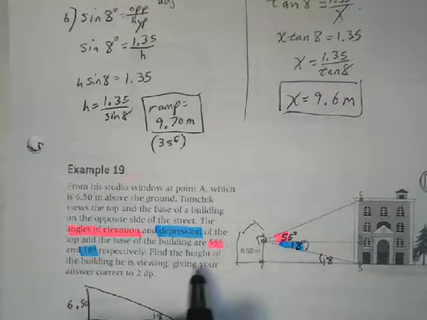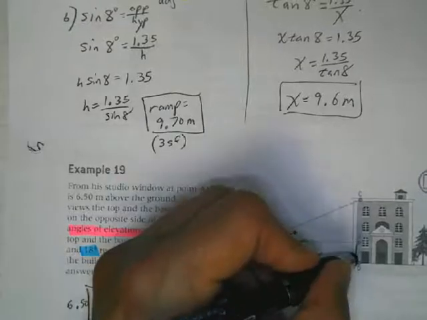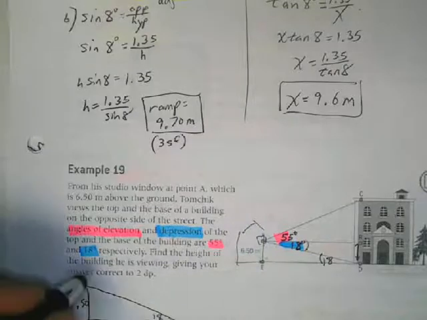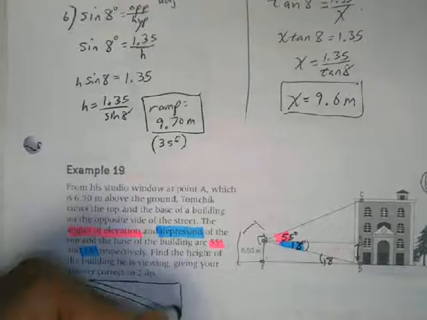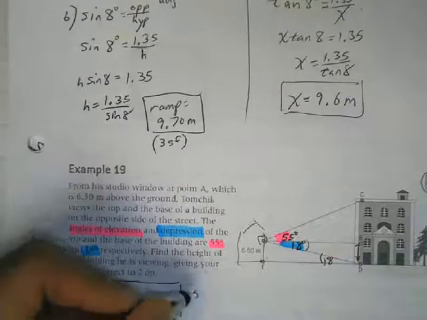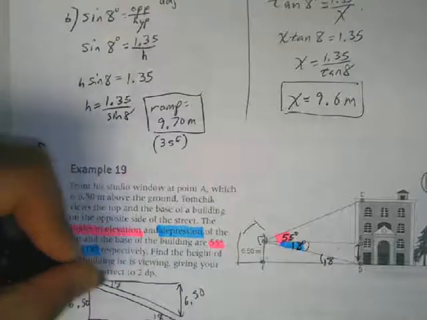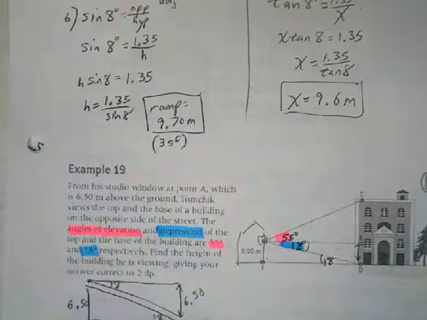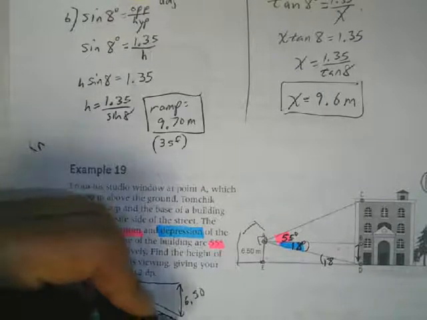We're trying to find the height of the building, so let's find BD here. These triangles are congruent, so let's think of it this way: this height is 6.5, this is 18 degrees, and we need to find this distance from here to here.